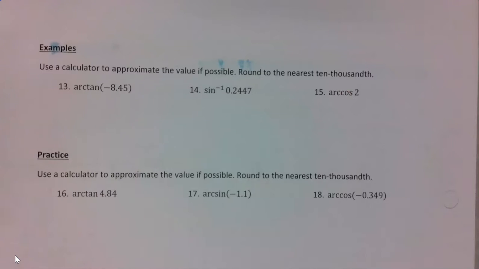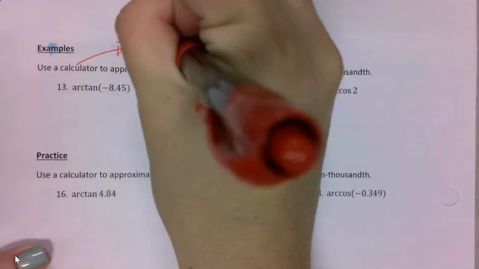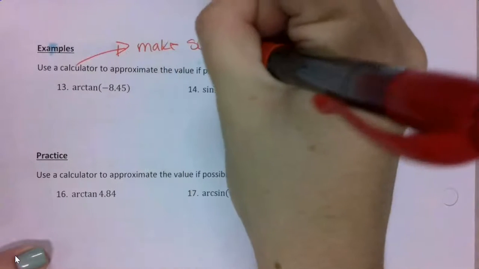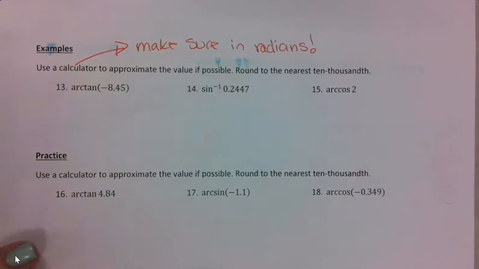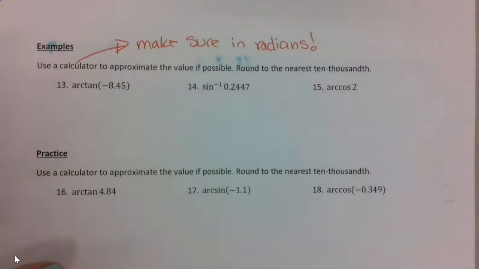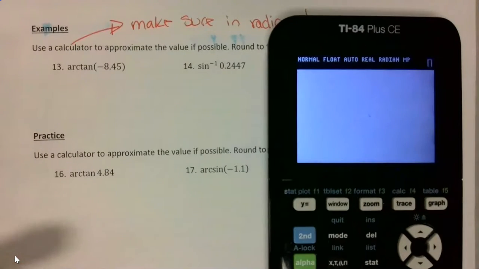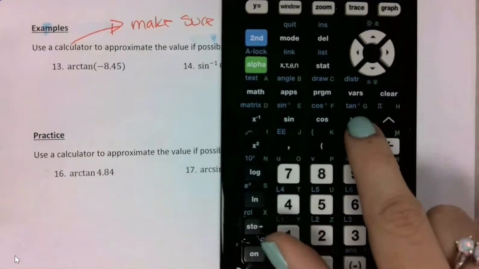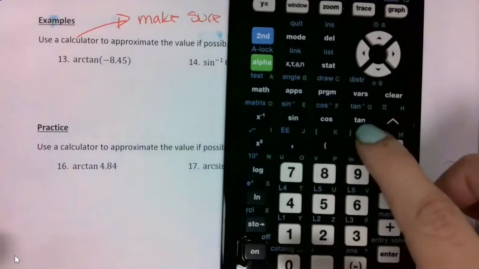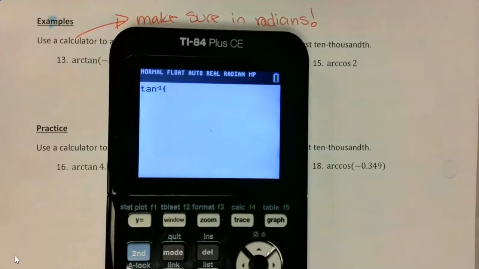Okay, so my last 3 is telling me I can use a calculator to approximate. I want to make sure I'm in radians again. And then my first question wants me to do arctan. But notice, if I look at my keys, none of these things say arctan, but this one says tangent inverse. So if I press second and then the tangent button, it means the same thing.